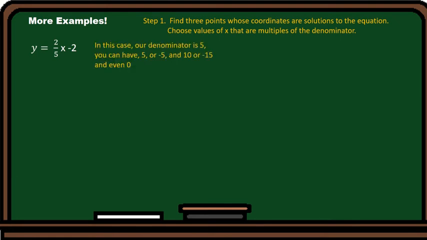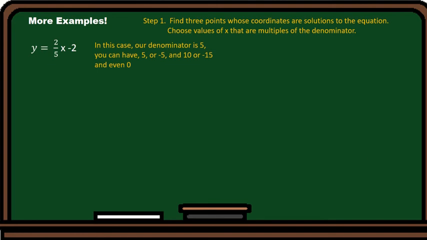Since our denominator is 5, we can have 5 or negative 5 and 10 or negative 10 or 15 or negative 15. We can even have 0 as your values of x. Now let's check.